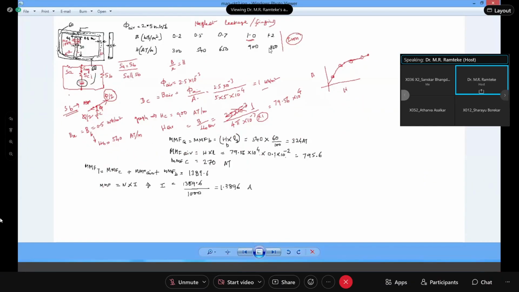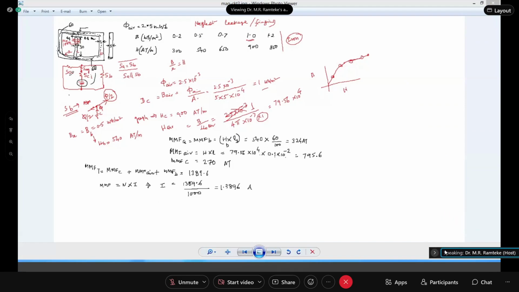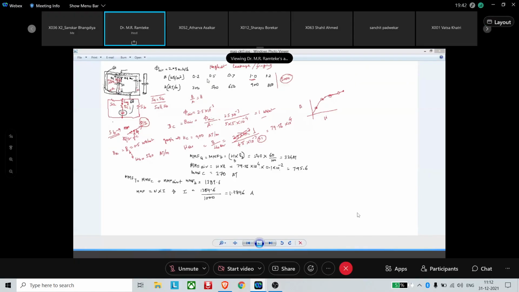Okay, this. So files. Anyway, I will draw the circuit. Oh, something wrong on.